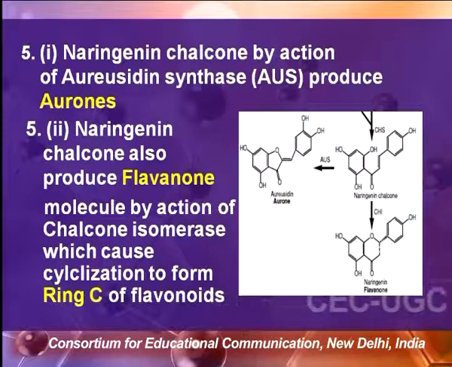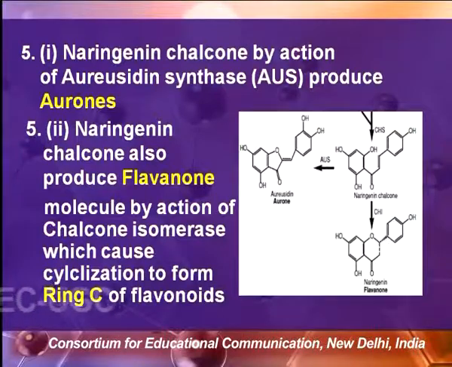Since we are starting with naringenin chalcone, the flavanone obtained is naringenin, as you can clearly see in the structure. Now chalcone isomerase is an enzyme which is very stereospecific, right?